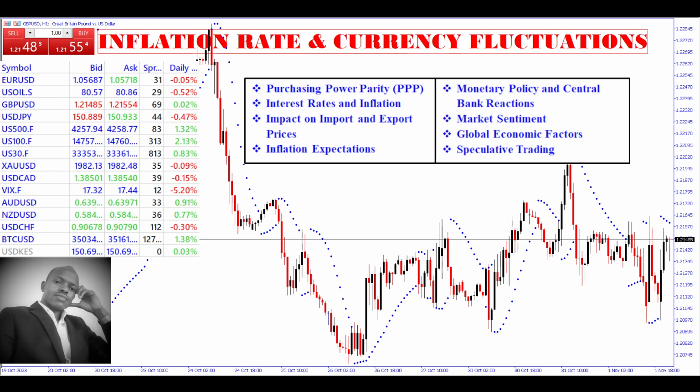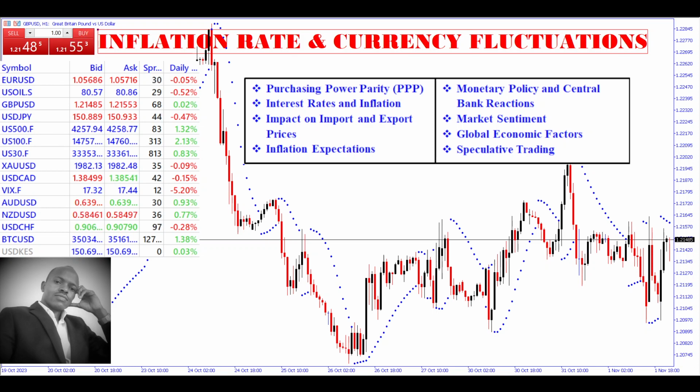But at the same time, there are also global economic factors that can have an impact on inflation and how it affects the currency. Inflation in the UK is also influenced by global economic conditions such as commodity prices and trade relationships.